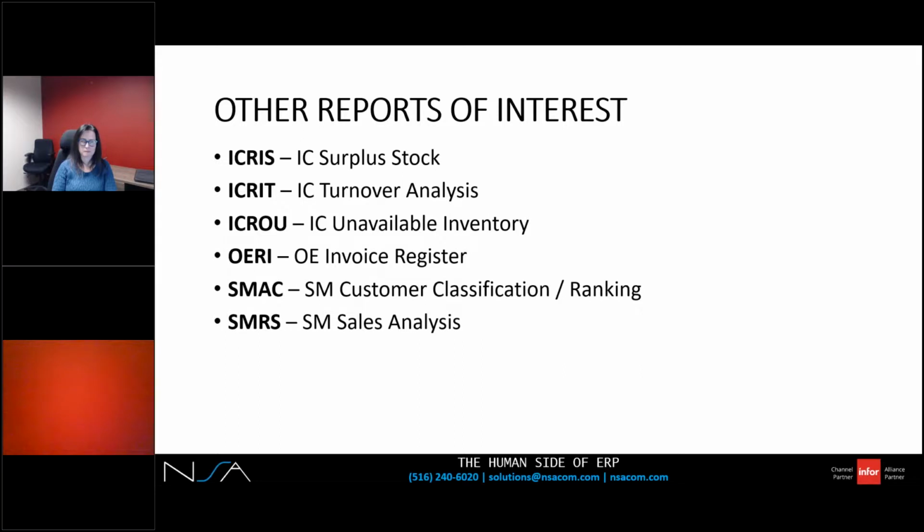You can run it to see customers based on their profit, based on sales, and or based on margin. And then the last one that most folks are aware of that can be run any number of ways is the SMRS, sales analysis.